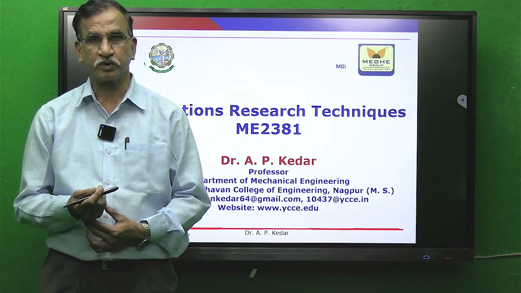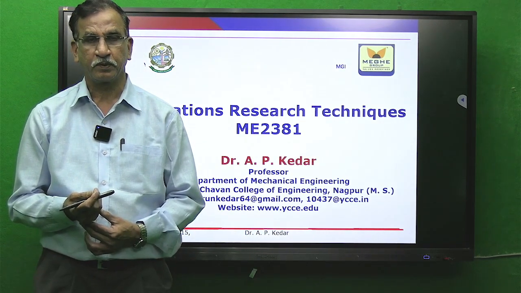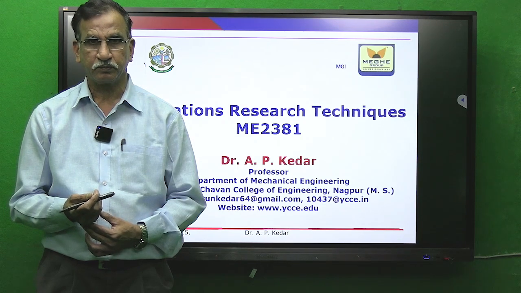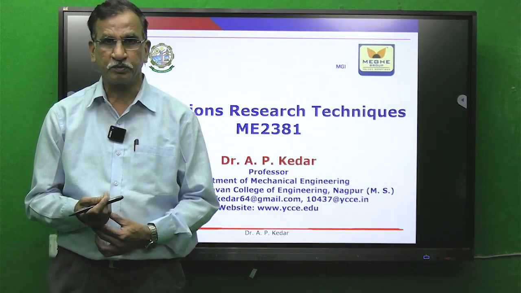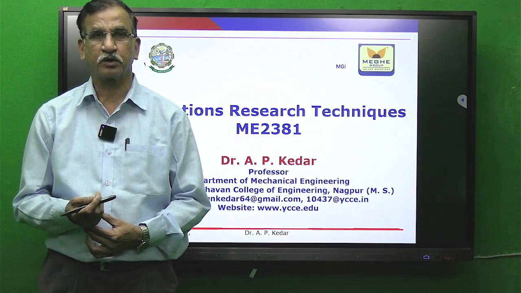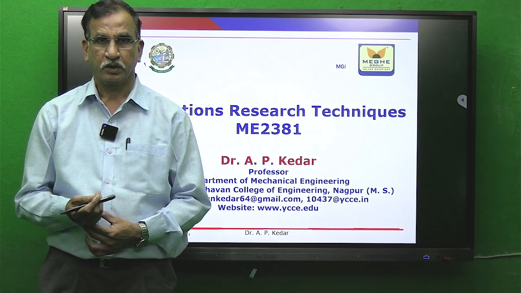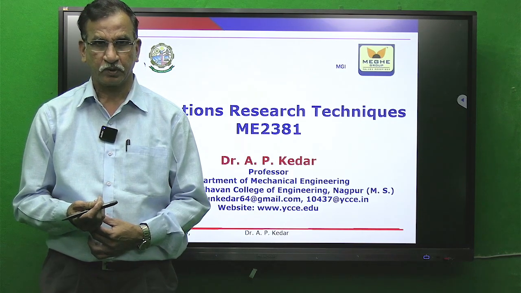First one was northwest corner rule method, second was least cost method, and third one is Vogel's approximation method, also referred to as method of penalty. It is abbreviated as VAM.